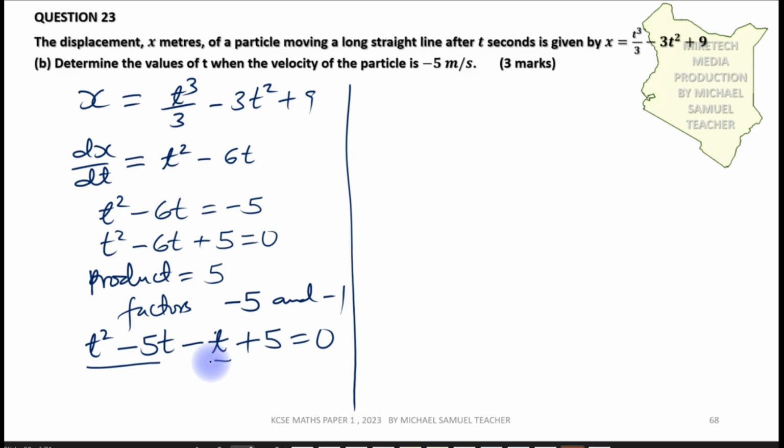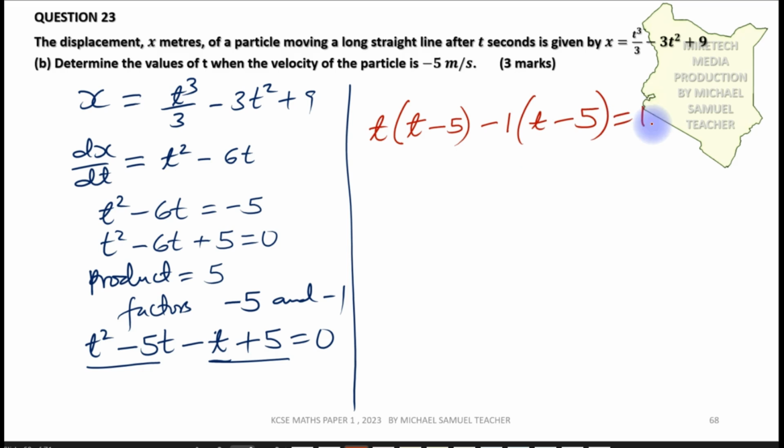Therefore, I take them in pairs and factor out what's common. In the first part, t is common, so factoring out, I get t into bracket t minus 5. Then in the other part, 1 is common, so I get t minus 5 is equal to 0.